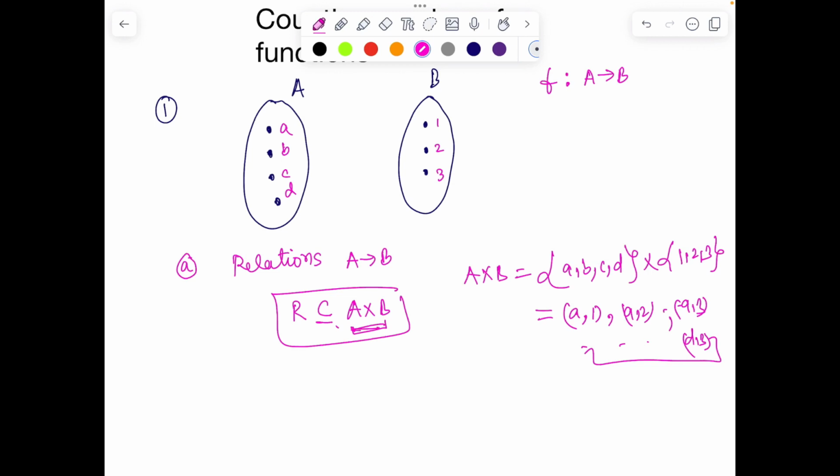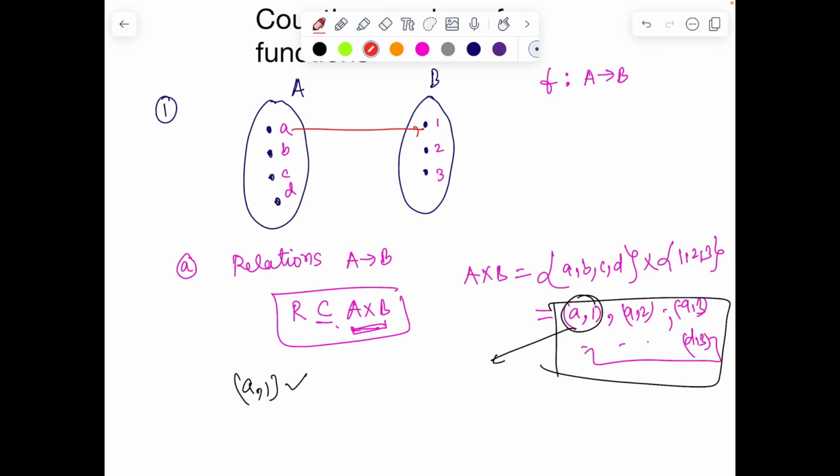Now, a relation is a subset of the Cartesian product. So in any subset of A cross B, either I can choose an element or not choose it. So either A, 1 will be present in the subset, or it will not be present. For example, A, 1 is one of the relations where simply A is going to 1.